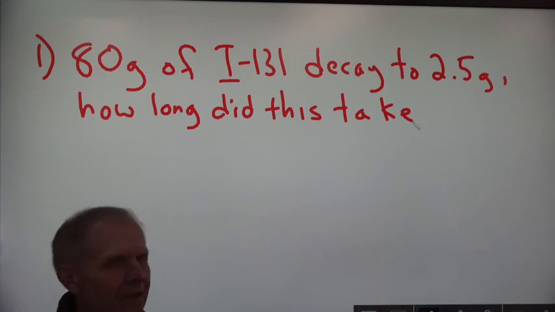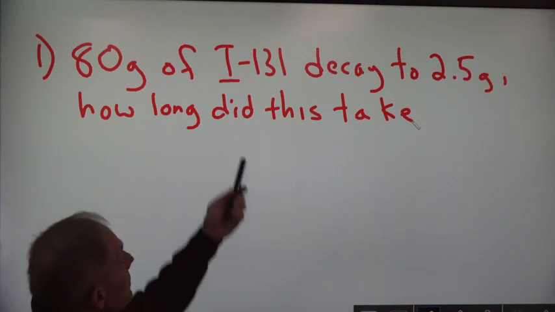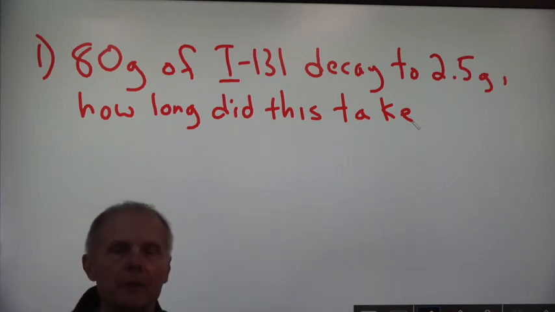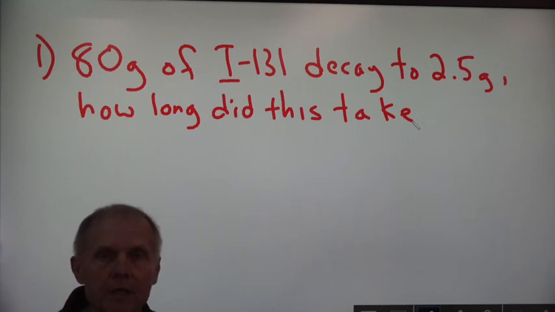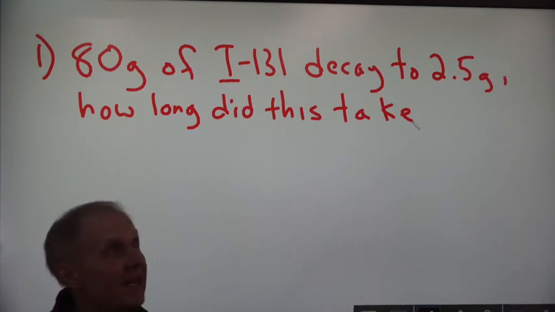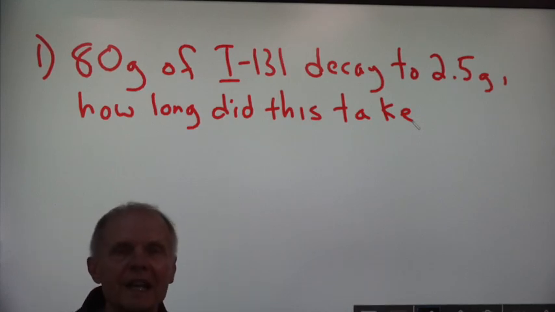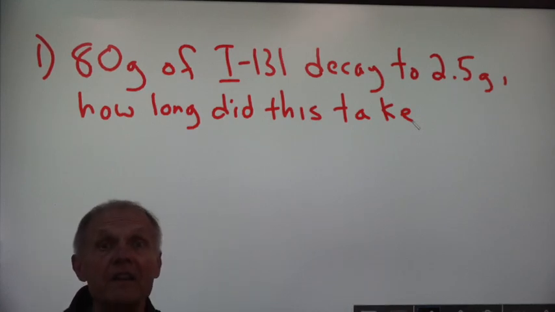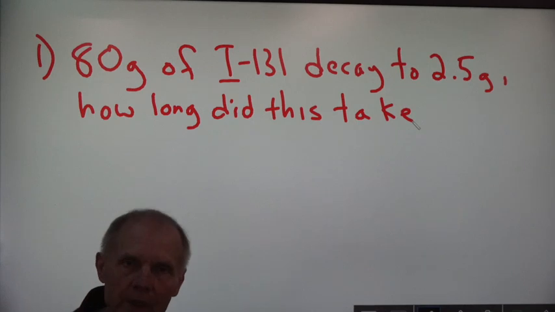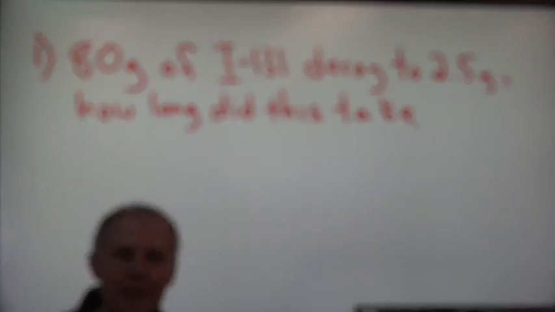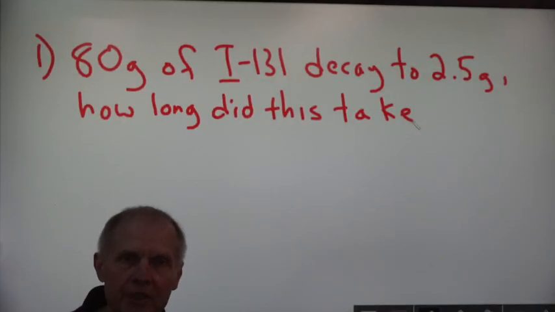Now, I told you before, radiation is weird because if you breathe in radioactive iodine-131, it could give you cancer, but iodine-131 is used in nuclear medicine. They inject iodine-131 into your body if you have a problem with your thyroid gland, and then they can see if your thyroid gland is functioning properly.